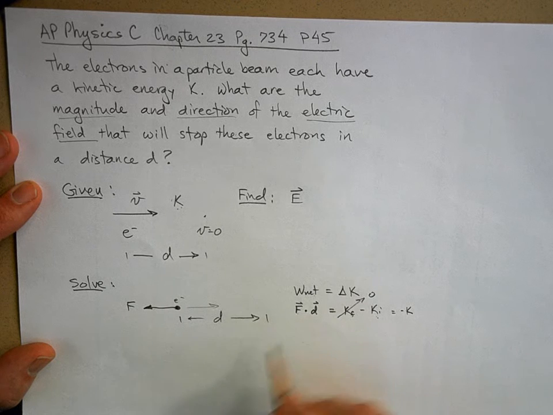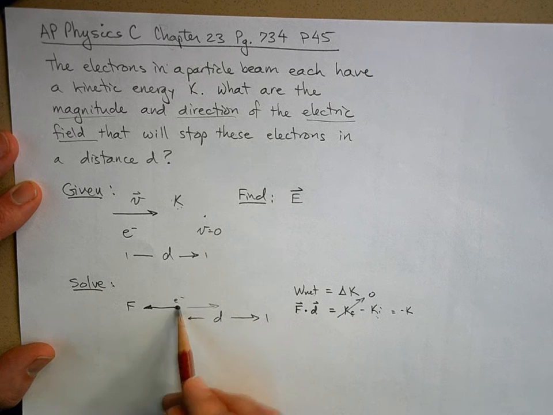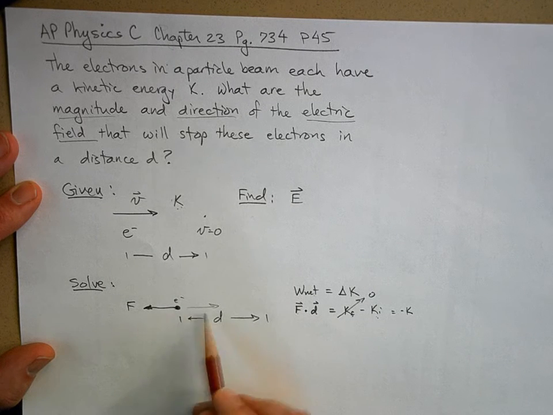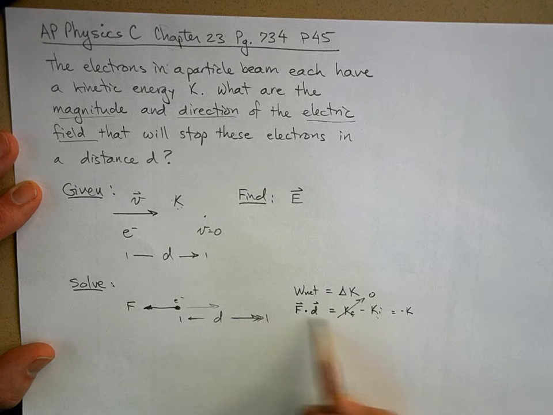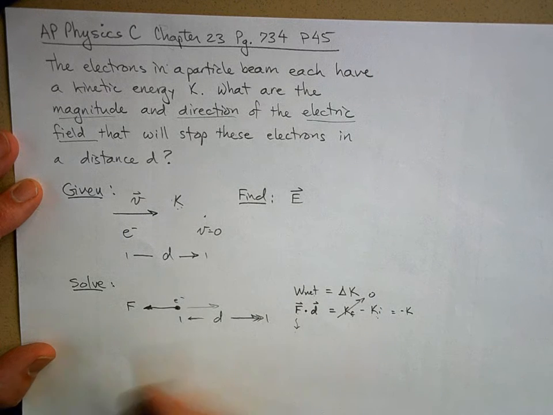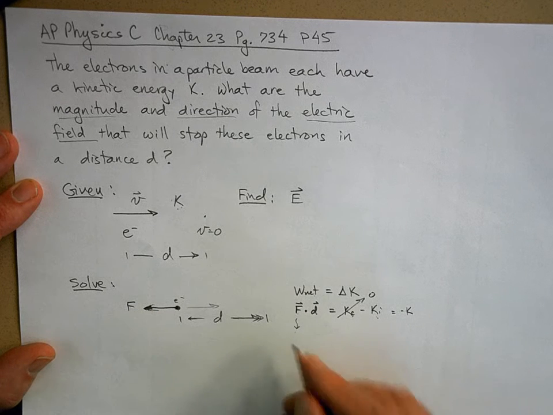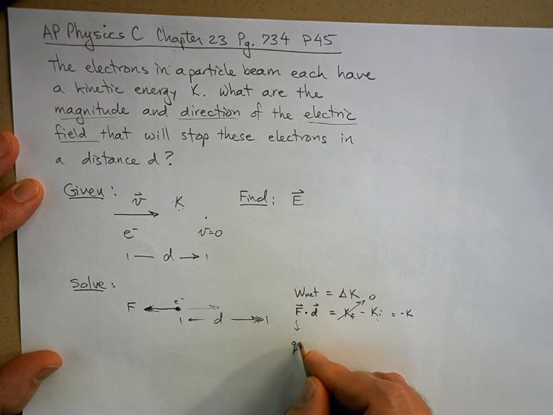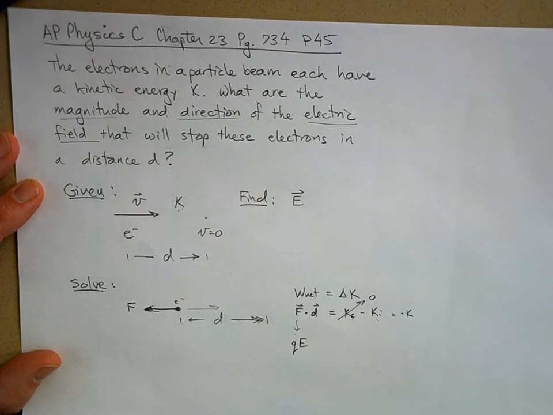We already stipulated that the force is in the opposite direction as the displacement. Now, what is the electric force on this guy? Well, it's the charge on the electron times the electric field.